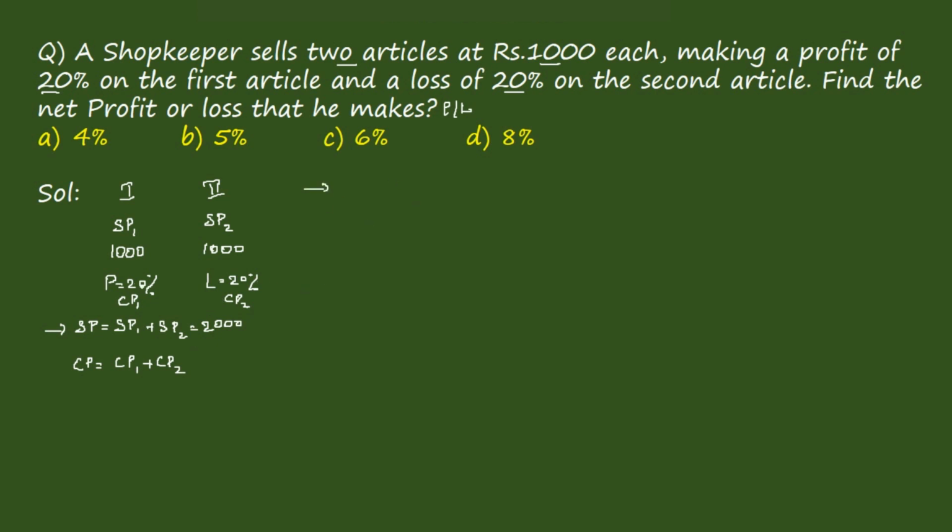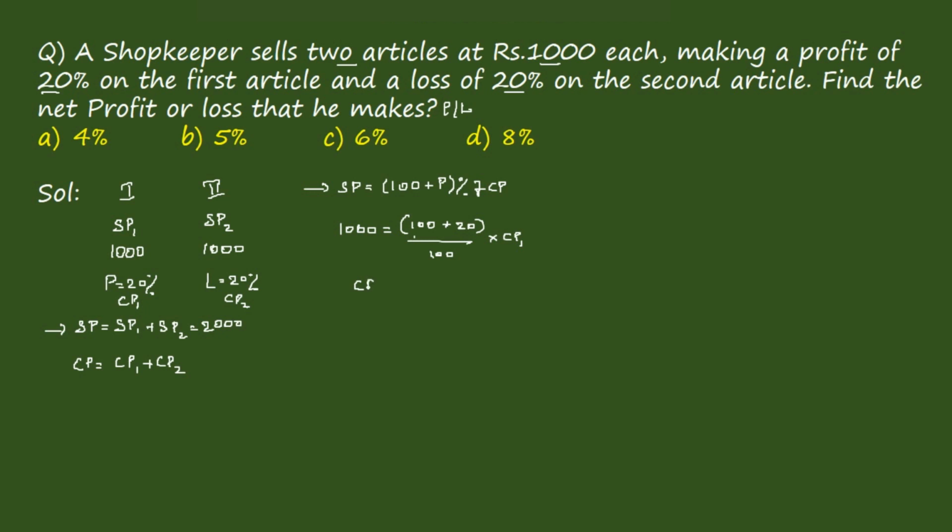As we know the profit in terms of percentages, we can find the cost price as we know the selling price. We know that the selling price is equal to (100 plus profit or loss percentage) of the cost price, right? Here the selling price in the case of profit is given as 1000 rupees, which is equal to 100 plus profit, which is 20, by 100 into cost price 1.